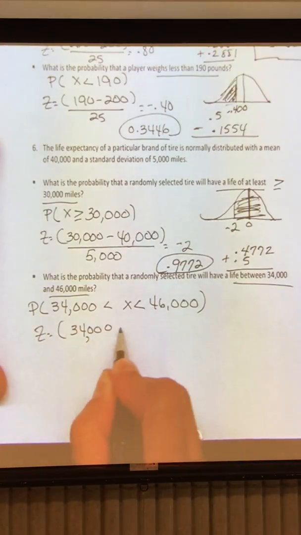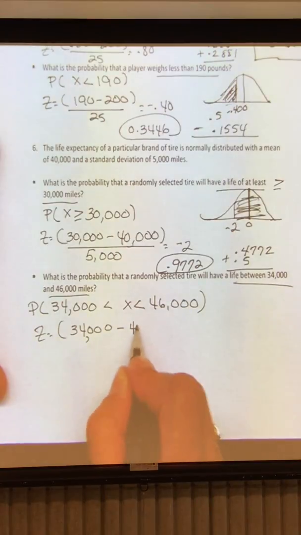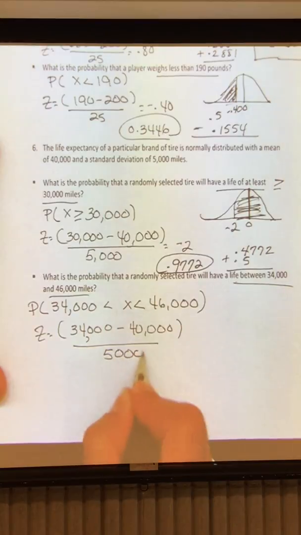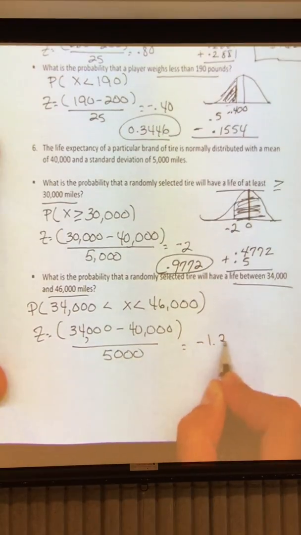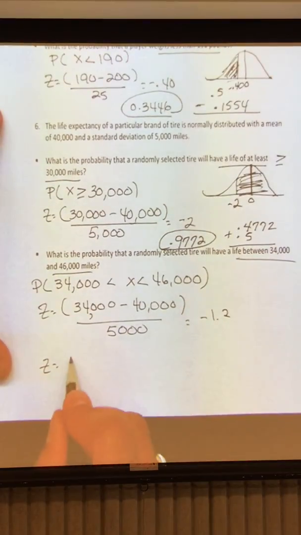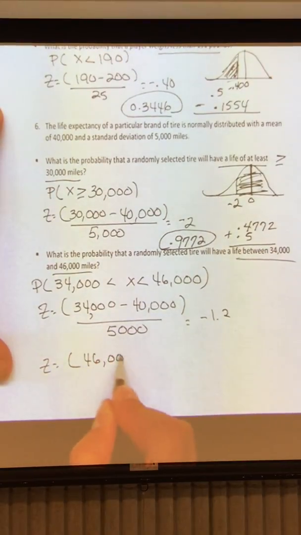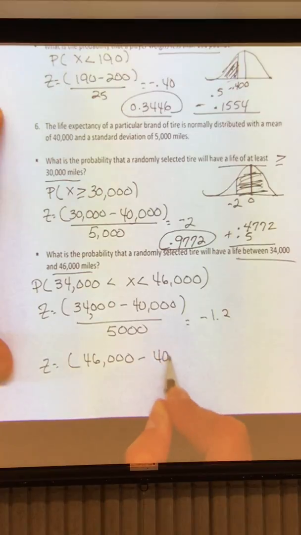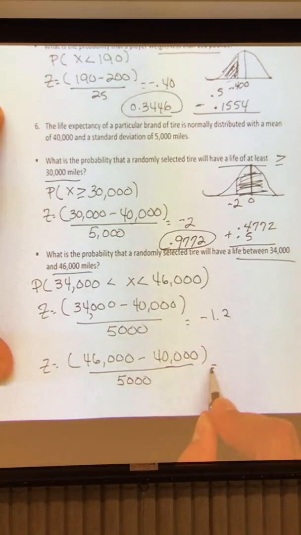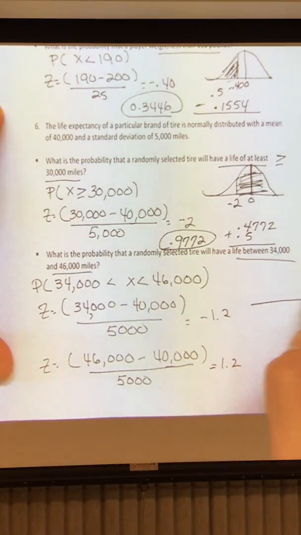So 34,000 minus the mean of 40,000, divide that by the standard deviation, and that is -1.2. And the z-score of 46,000, 46,000 minus the mean, 40,000 divided by the standard deviation, and that is equal to +1.2.